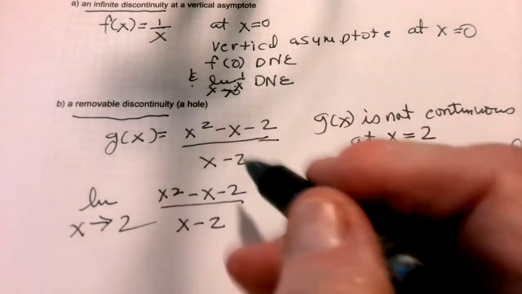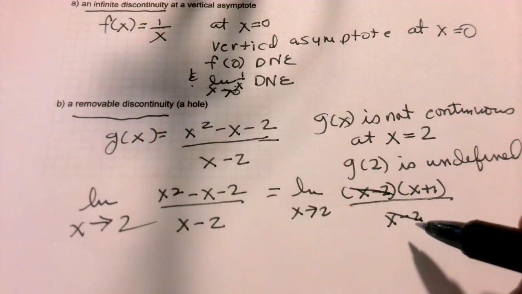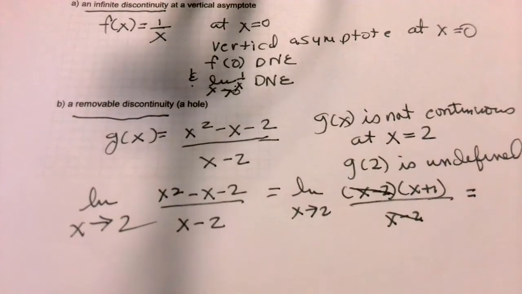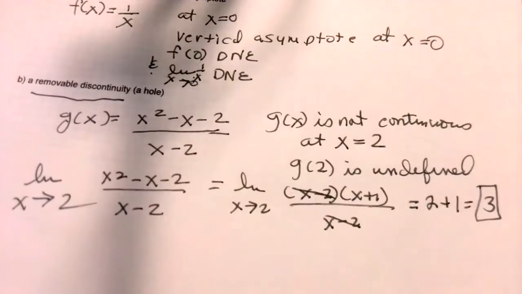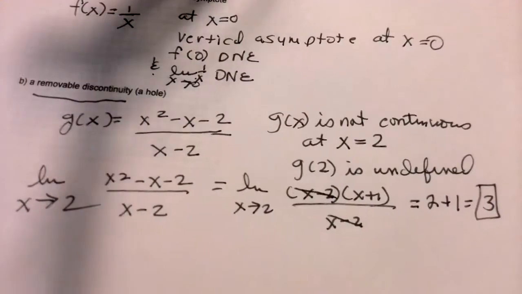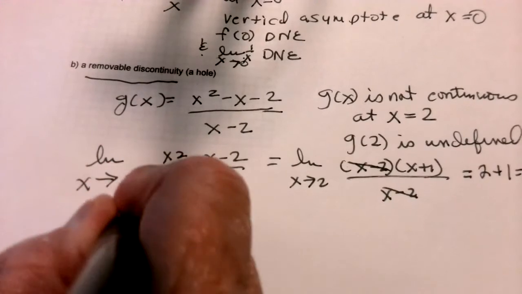But the difference is this function is not defined when x equal 2, whereas this function, when I cross out the x minus 2, is defined at x equal 2. As a matter of fact, if I substitute in the 2, it's going to give me 2 plus 1, which is 3. So the limit exists, but it's not continuous. So when that happens, there is a hole.